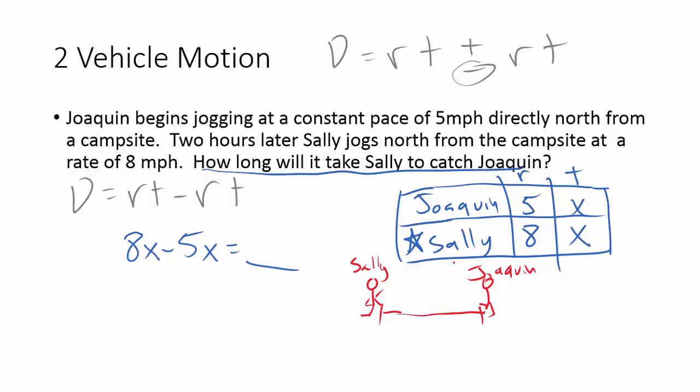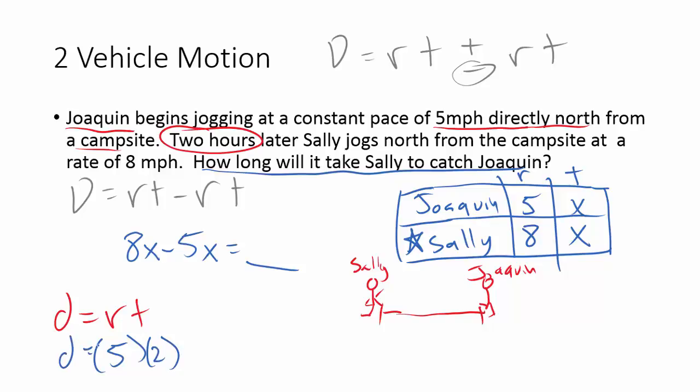Now to do that, remember that Joaquin begins jogging at a rate of 5 miles per hour from a campsite, and he's got a 2-hour head start. So we can actually calculate how far this distance is using our distance equals rate times time formula. Well, Joaquin traveled at 5 miles per hour for a time of 2 hours.